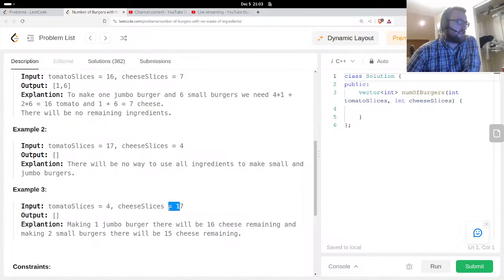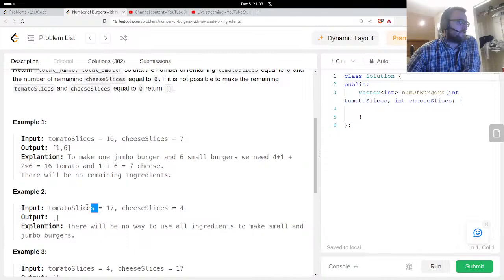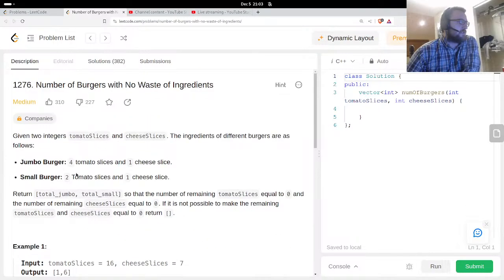And the second thing is, tomato slices has to be an even number that's larger than the cheese slices. And I think larger than twice the cheese slices. I think as long as it's an even number that's larger than twice the cheese slices, it's always possible to create.